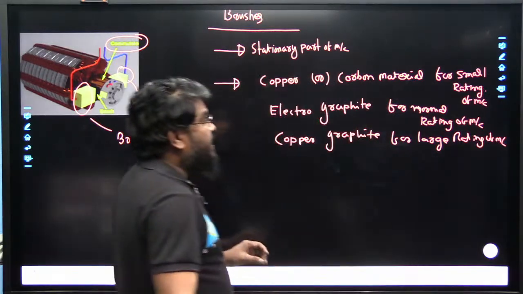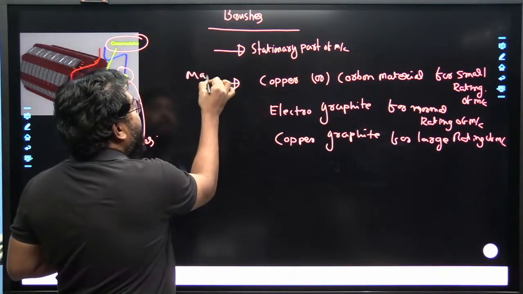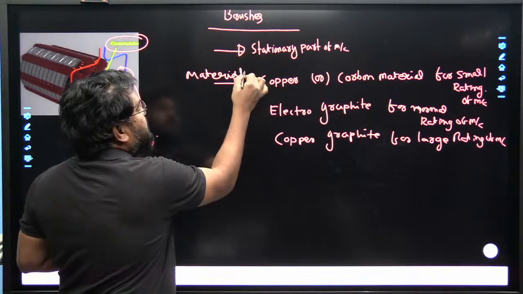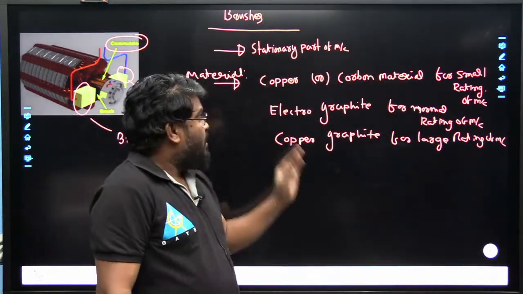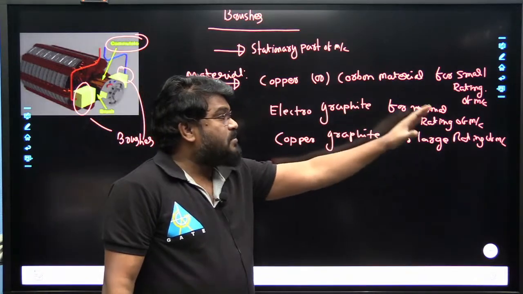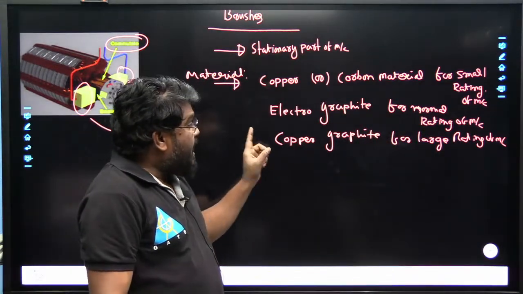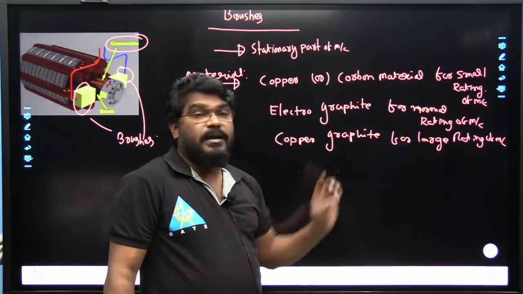These are the materials. So the material to construct the brushes is copper or carbon for small rating machines, electrographite for normal rating machines, and copper graphite for large rating machines.